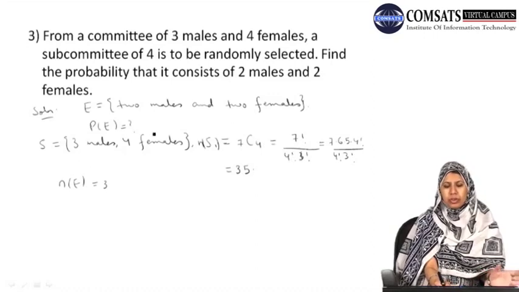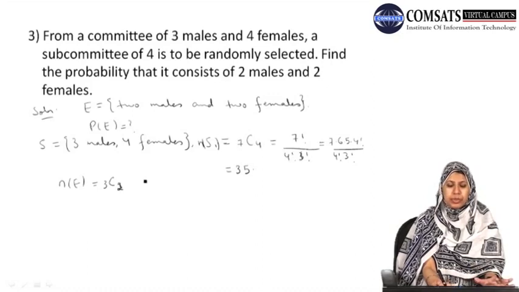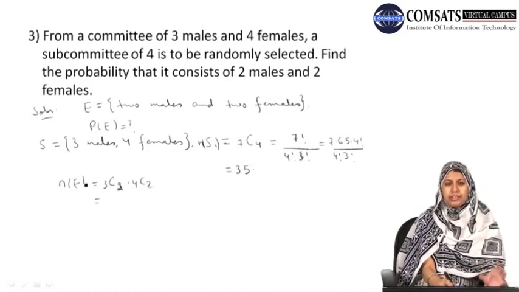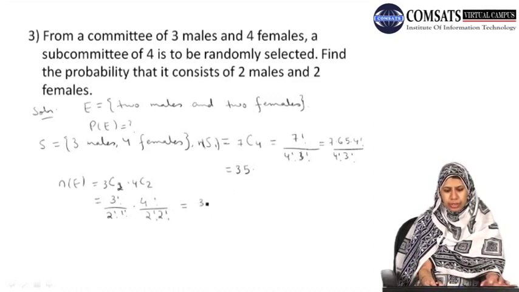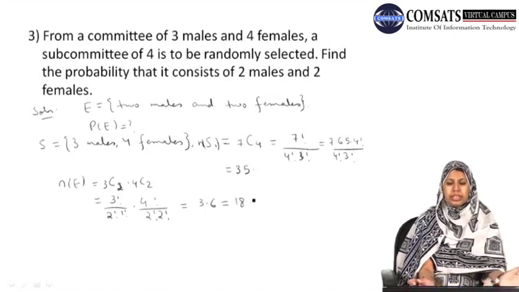So the possibility of selecting 2 males from the 3 males is 3C2, and the possibility of selecting 2 females from the given 4 females is 4C2. So the size of our event will be the product of these 2 combinations. 3C2 is 3 factorial over 2 factorial into 1 factorial, and 4C2 is 4 factorial divided by 2 factorial into 2 factorial, and simplifying we obtain 3 into 6, which is equal to 18.